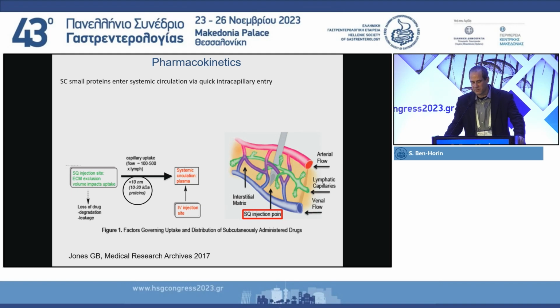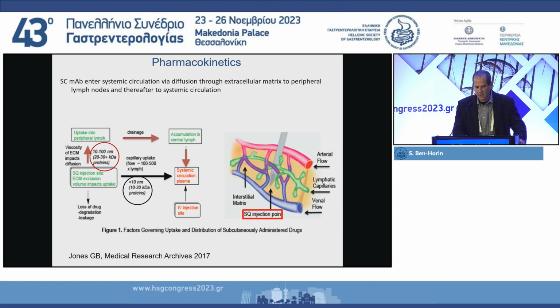When you administer a sub-Q of a small protein up to 10 to 20 kilodaltons, it usually diffuses directly into capillary networks and directly into the systemic circulation. So it goes very fast to the circulation with quite significant bioavailability. In contrast, when you inject sub-Q a molecule larger than 20 to 30 kilodaltons, which is what we have with IgG, most of our antibodies are IgG1, except perhaps for mirikizumab, which is IgG4, but generally all our immunoglobulins are around 150 kilodaltons, and those do not diffuse to capillaries.